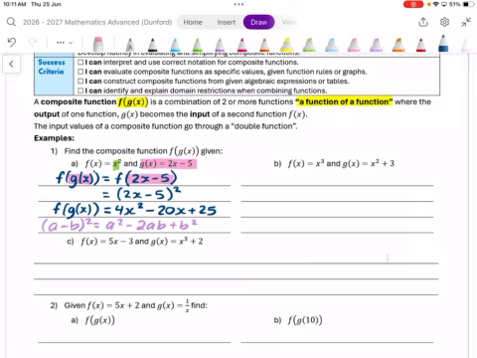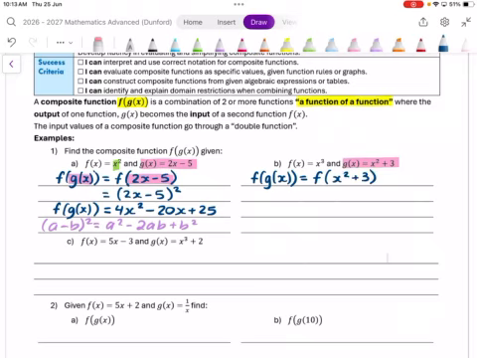With b, we again want to find f of g of x. This time our function f of x is x cubed, and our function g of x is x squared plus 3. So what we will have is f of x squared plus 3.